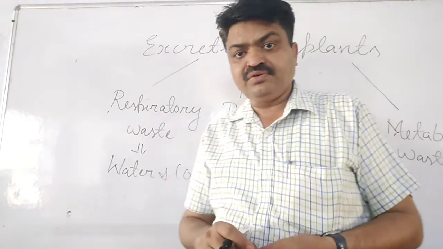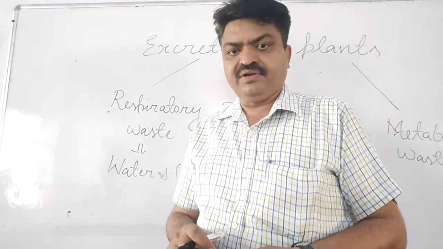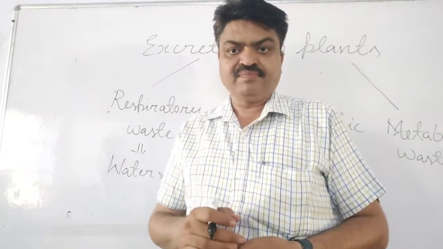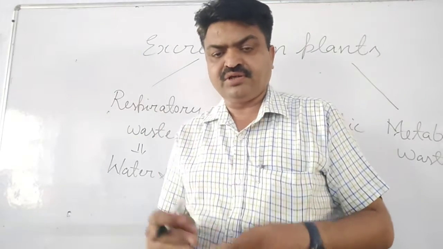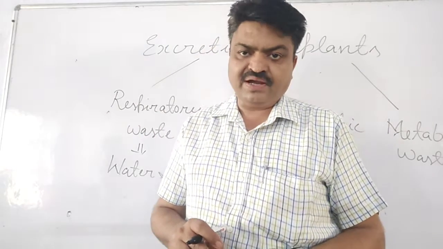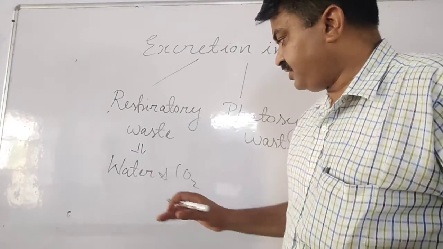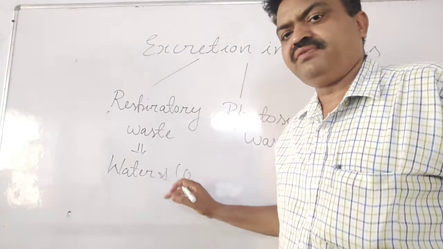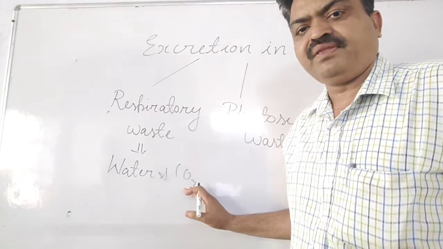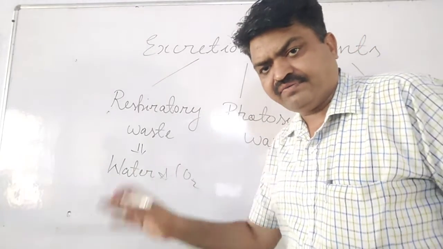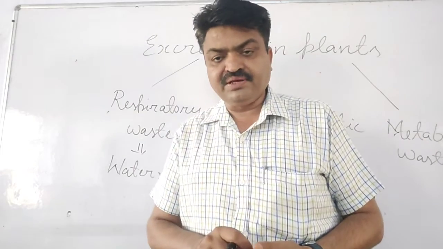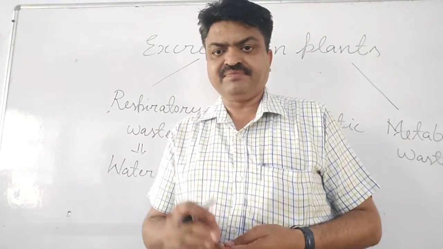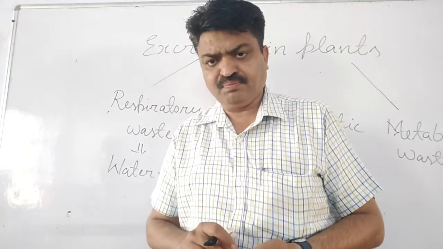Plants also need energy, students. They need energy for growth, for repair, and to do different types of metabolic activity. So at that time, what do they release, students? They release water and carbon dioxide. And that water and carbon dioxide is removed by different parts with the help of small pores.